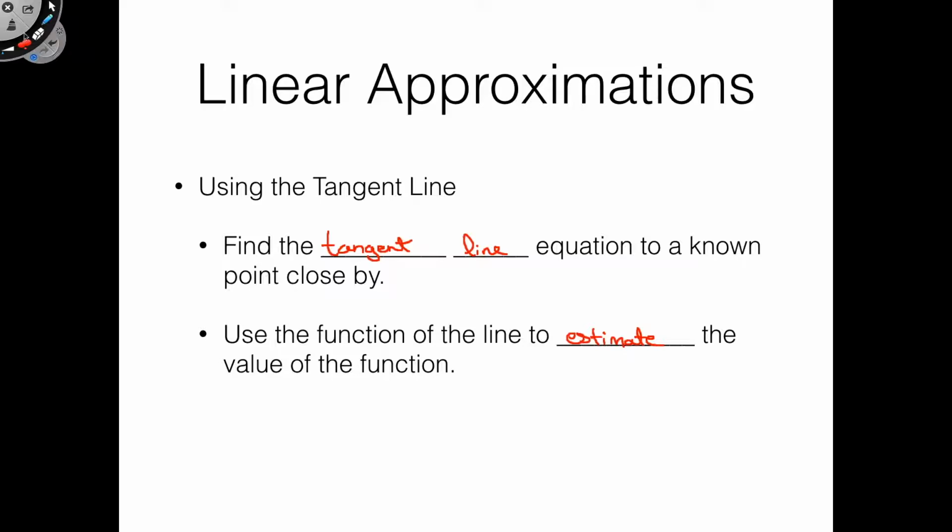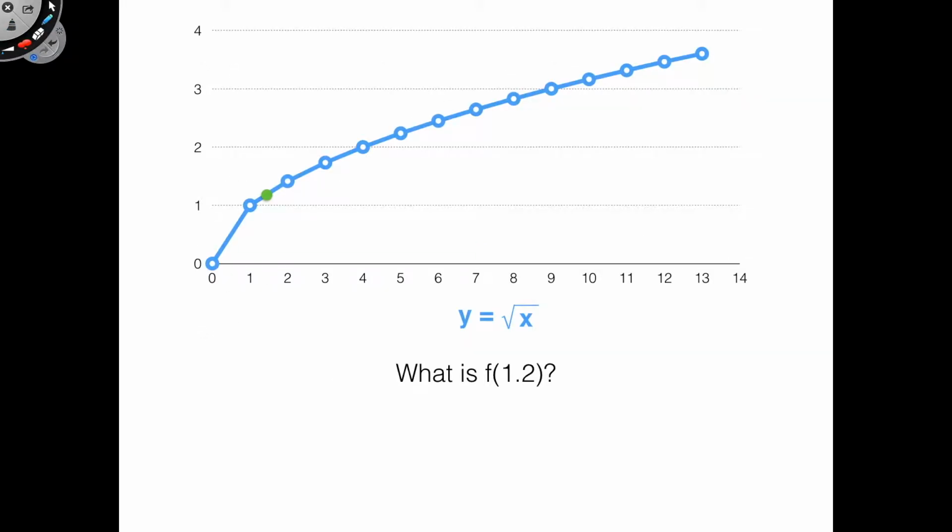But now let me give you a little bit of a better picture of why this works and what it might look like. So here's our graph again, and let's say we want to find what f of 1.2 is. Now let's sketch the tangent line at a point close to 1.2. Let's try x equals 1. So that's what the tangent line would look like, okay? That is x equals 1, and that is x equals 1.2.